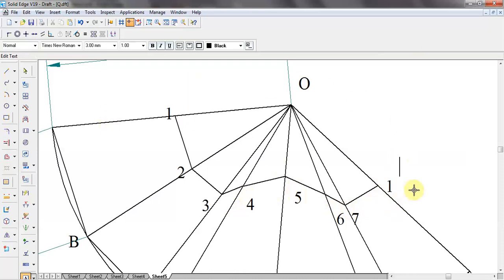So this should be made light and this should be made dark. Just have to trim it and make them dark, light.